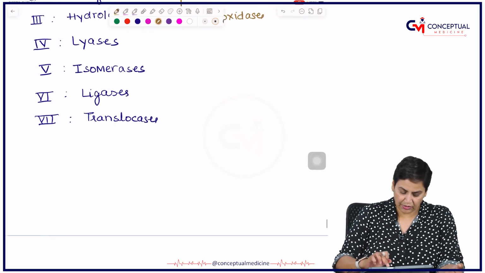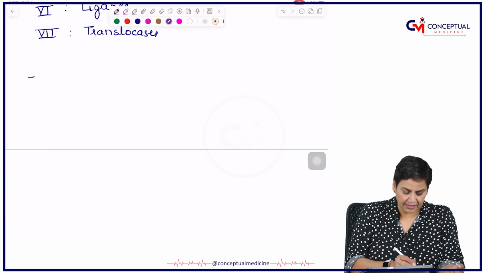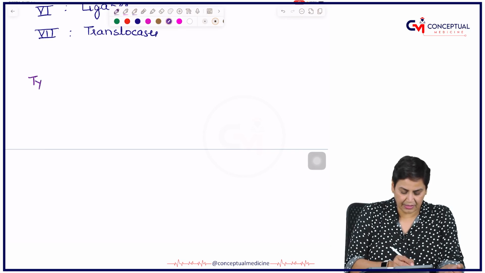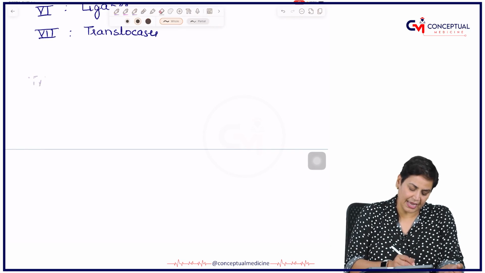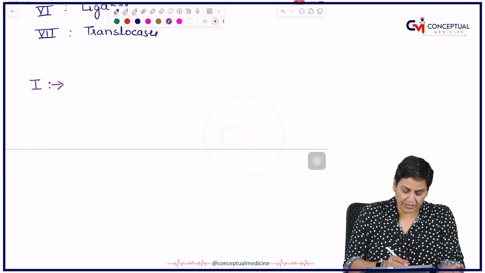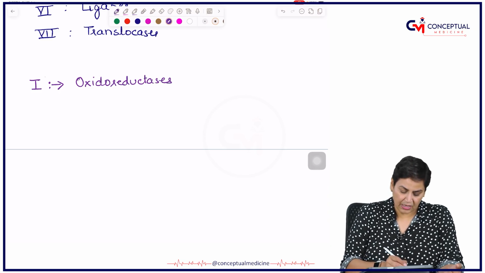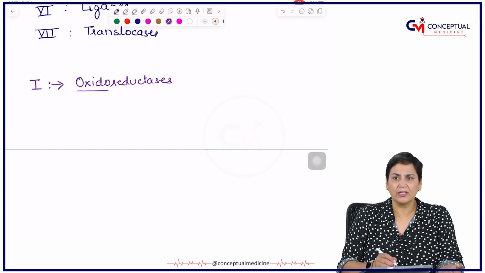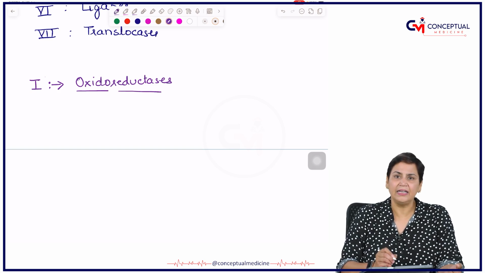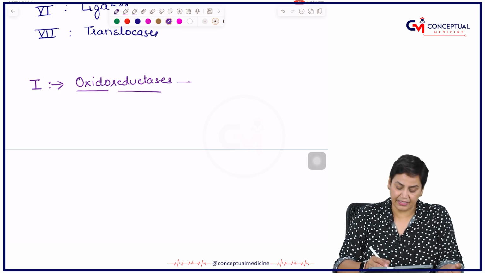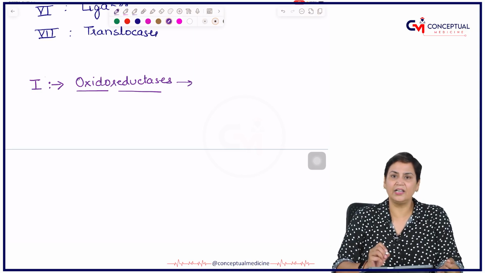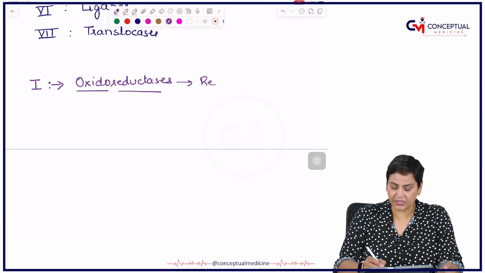Okay. So first of all, let's take type 1, or simply I would write it as class 1, oxidoreductases. Now if we talk about the name, oxidation and reduction are taking place simultaneously, and this is a typical redox reaction.